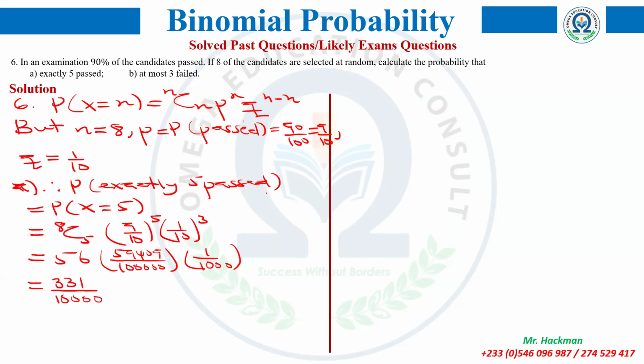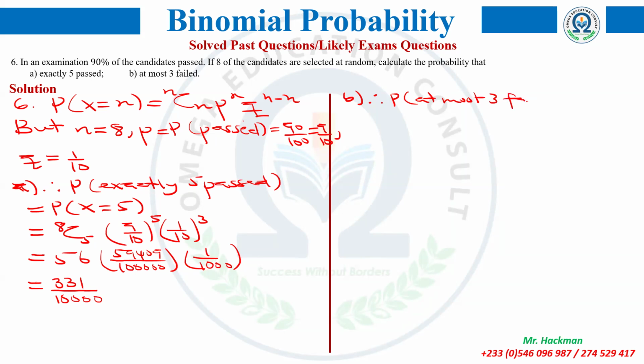Now let's look at part B. Prof. Seto, let's go. The probability of at most 3 failed.